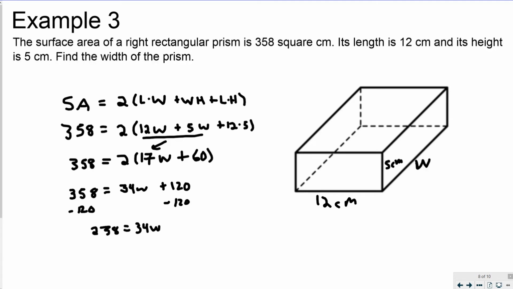Then 238 divided by 34 gives us a width of 7. It doesn't actually look like it's to scale. This doesn't look like 7 because it looks greater than the length, but that's okay. It doesn't really matter. We solved properly for the width of 7 here.